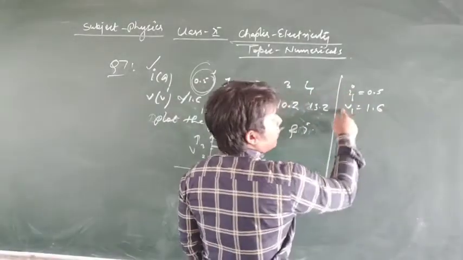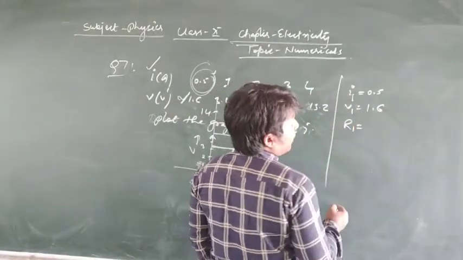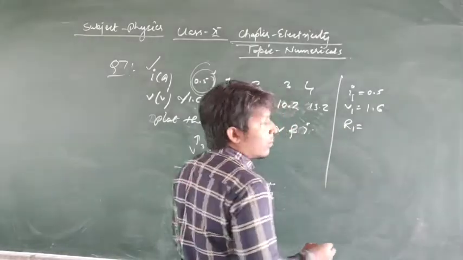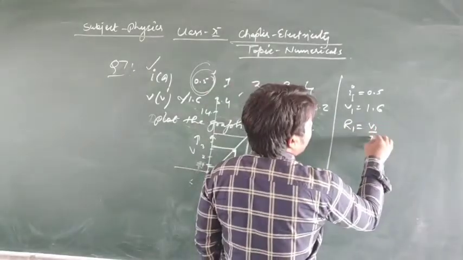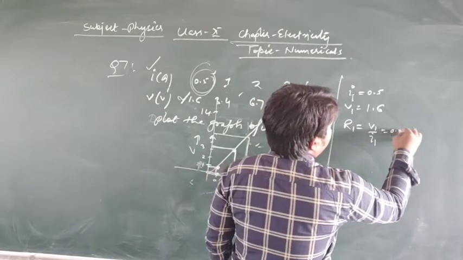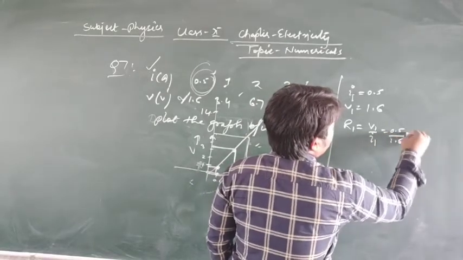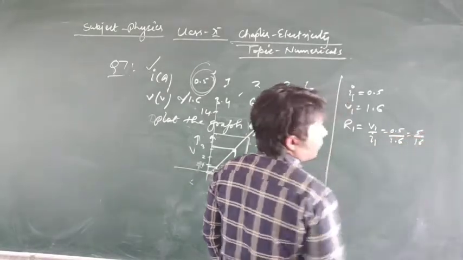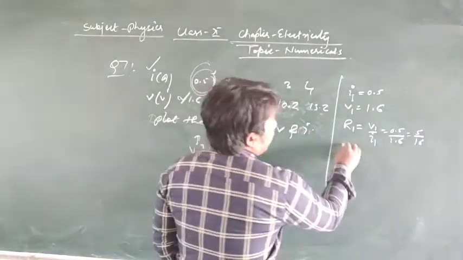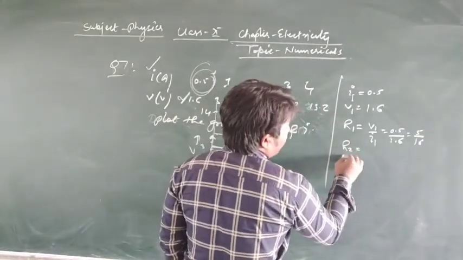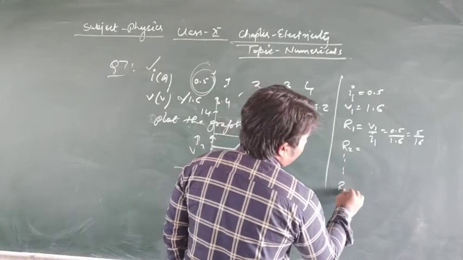For these values you get R1. R1 is equal to V1 by I1, 1.6 upon 0.5. This is the value of R1. Like that, you have to find R1, R2, and finally R4.